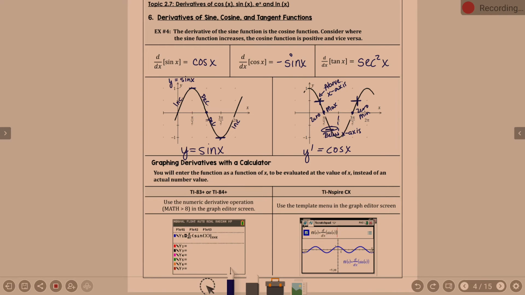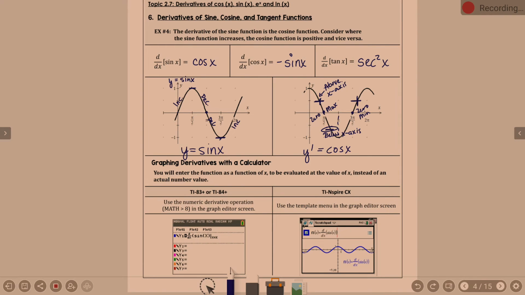Okay, so the idea here, if we want to graph the derivative of sine, you don't have to know what sine is to graph the derivative of sine. So remember we learned to do derivatives on the calculator, and that is in the math menu, number 8, or it is in alpha F2 as number 3.